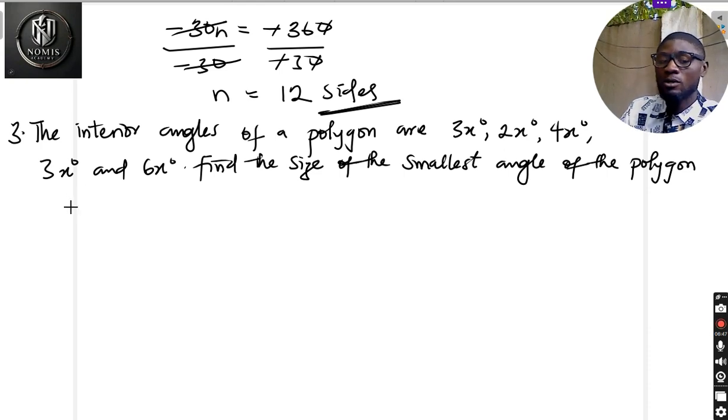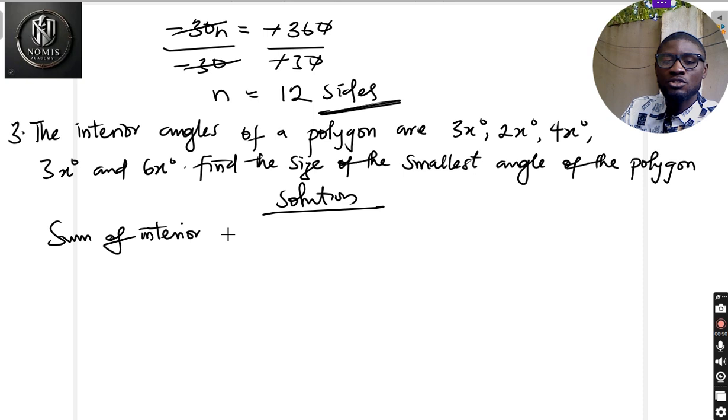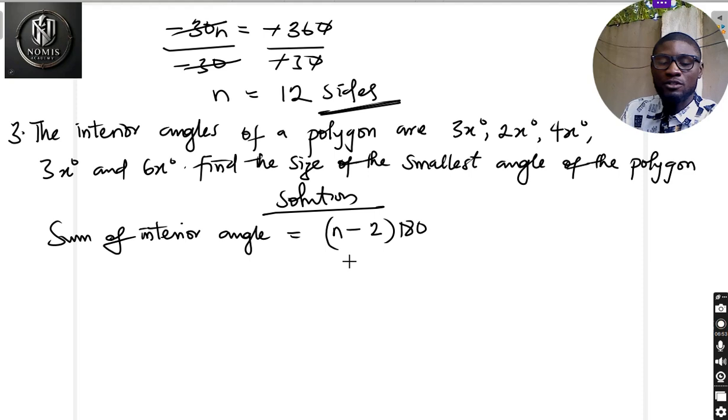Remember the formula to calculate the sum of interior angles. So in our solution we will use the formula that the sum of interior angles of a polygon is n minus 2 multiplied by 180. Whether regular or irregular, this goes for it. Remember, it is when we are to calculate each angle that we will have a problem. So let's find the sum of everything.